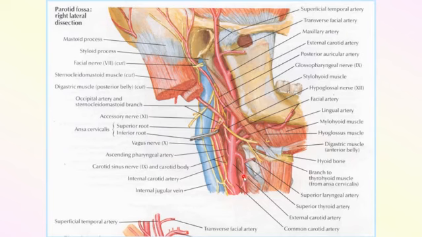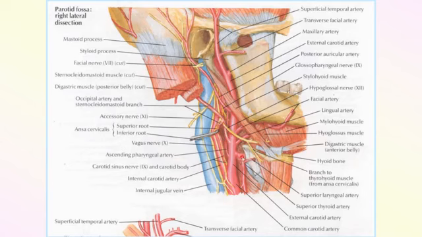It'll give off the superior laryngeal artery, and that superior laryngeal artery, which you see right here, will pierce the thyrohyoid membrane, which you see it's piercing right there, with the internal laryngeal nerve. So you can see the internal laryngeal nerve if you look really closely at this picture, traveling right there with the superior laryngeal artery.